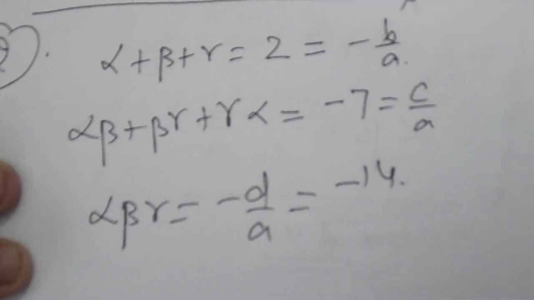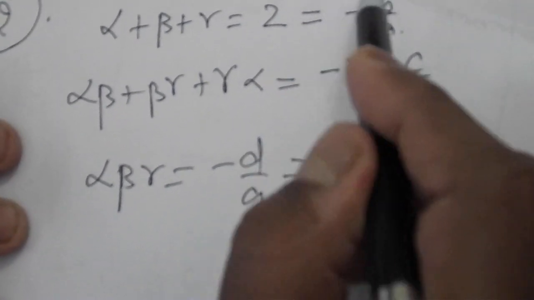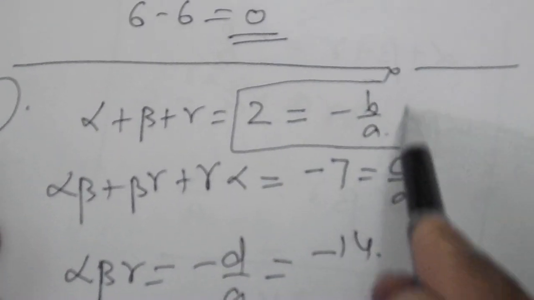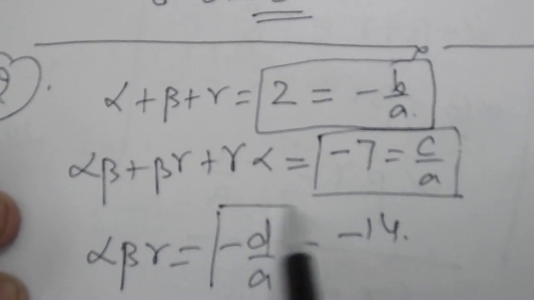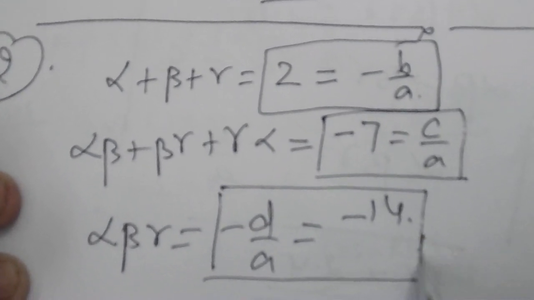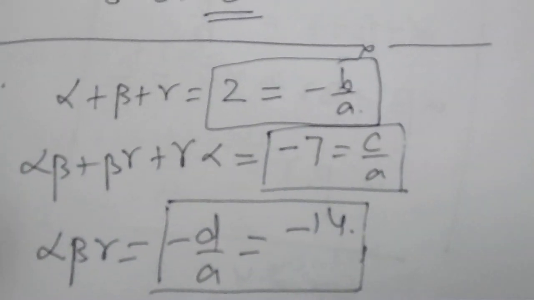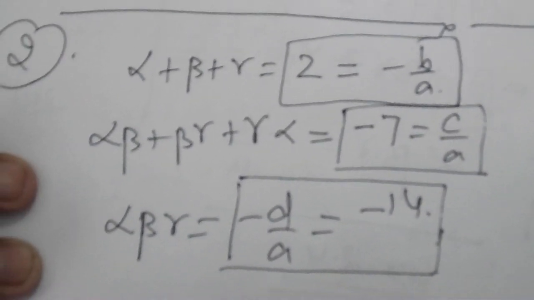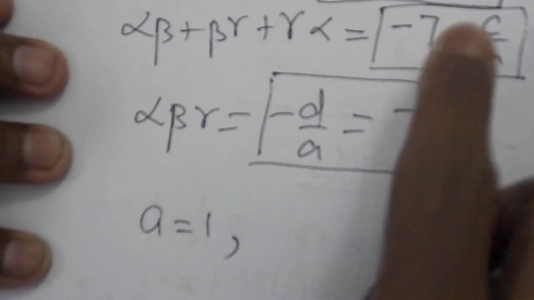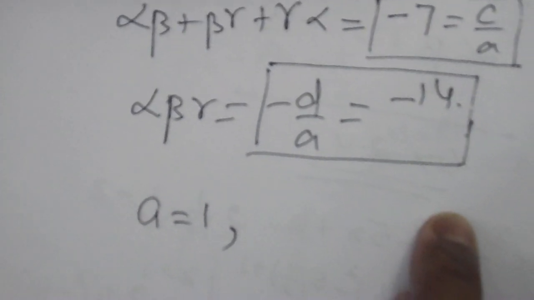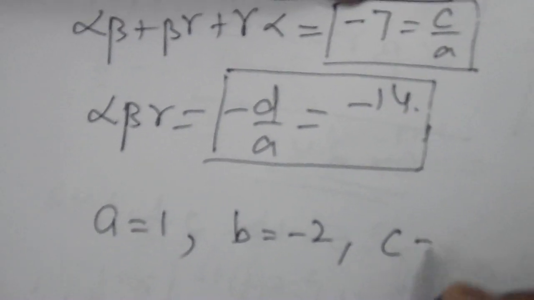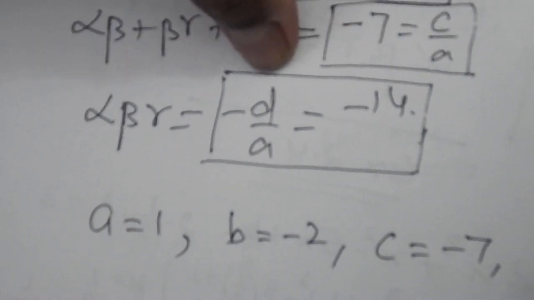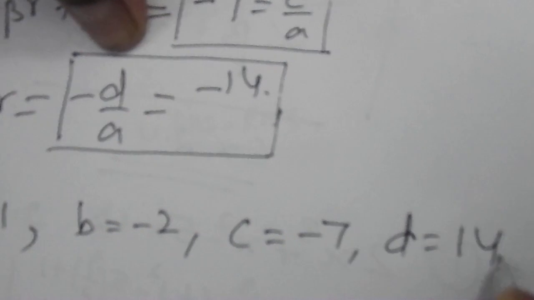-14. So dear students, just pay attention over here. This relation, and this relation. In 3 of these cases, denominator is 1. So denominator is 1 means a is 1. Now start comparing others. B will be -2, C will be -7, and D will be 14.